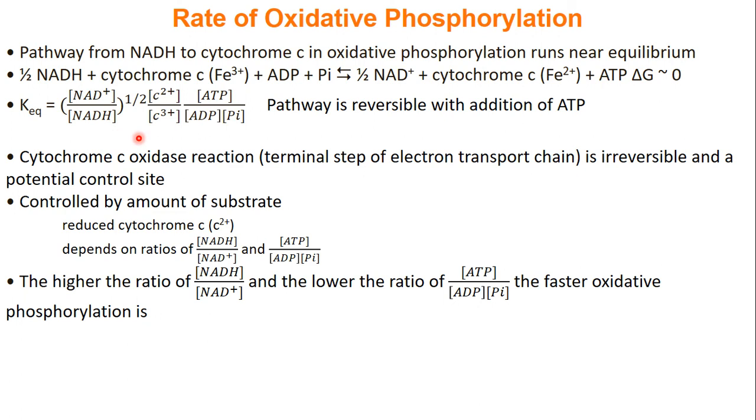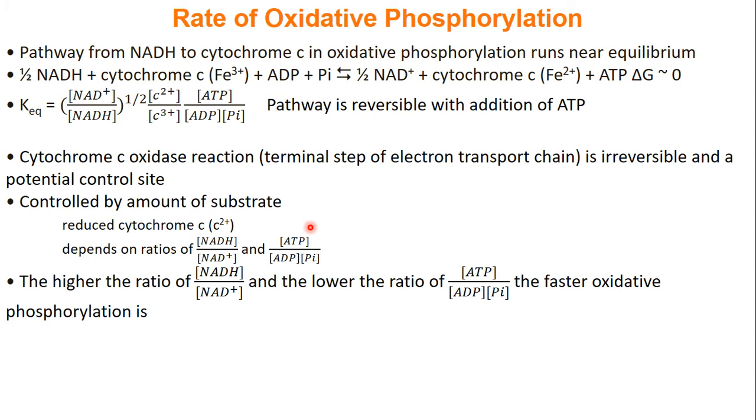Now, the last step of oxidative phosphorylation, cytochrome C, is reversible, and this could be thought of as one of our control points. This reaction is controlled by the amount of substrate you have, the amount of reduced cytochrome C. And the reduced amount of cytochrome C, if we go back to our previous equation, depends on the ratios of NADH to NAD plus and ATP to ADP.